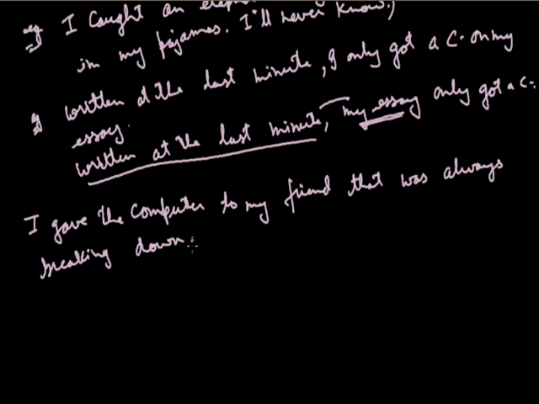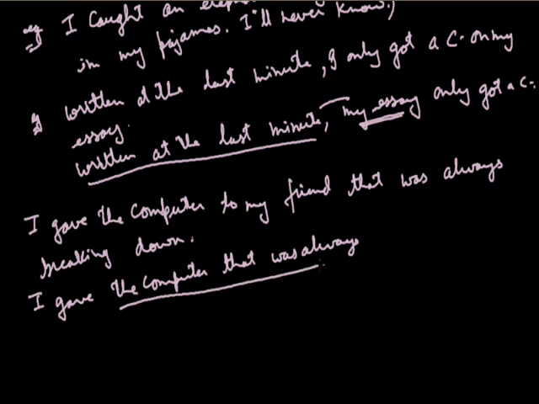We are talking about the computer that was always breaking down. The breaking down should be close to the computer. The right answer will be I gave the computer that was always breaking down to my friend.